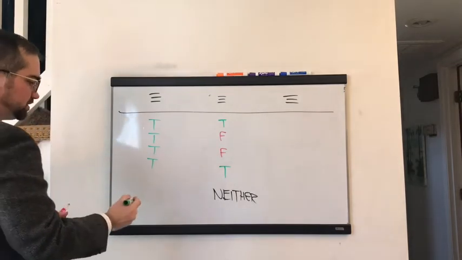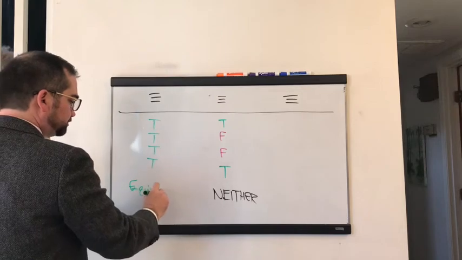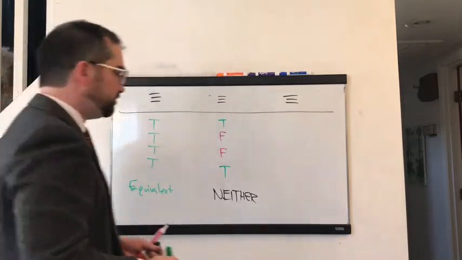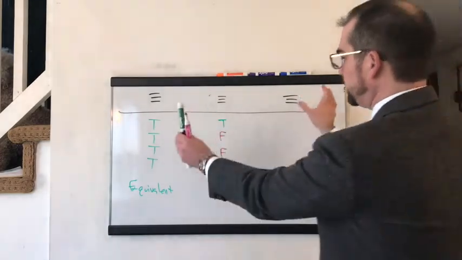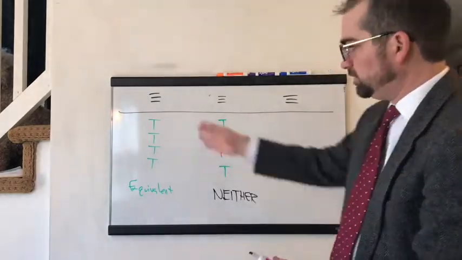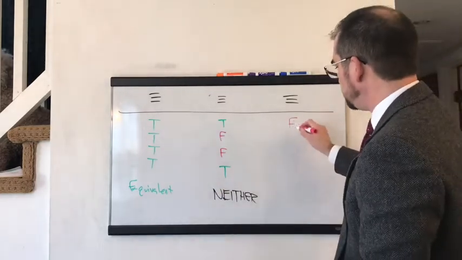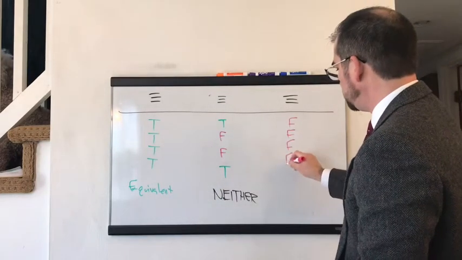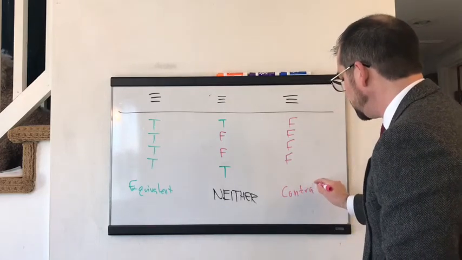Well, then in that case, these would be logically equivalent. Okay, so if you get all trues on your center row, between the two sides of the biconditional, it's equivalent. All right. The other thing that could have happened is we could have gotten all falses. And you guessed it, in this case, this would have been contradictory.